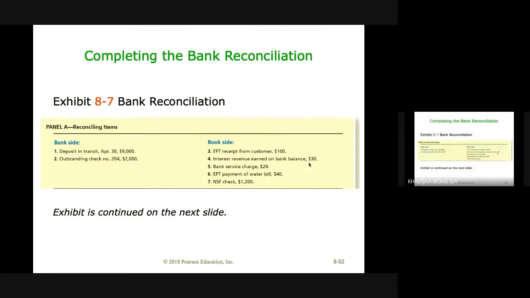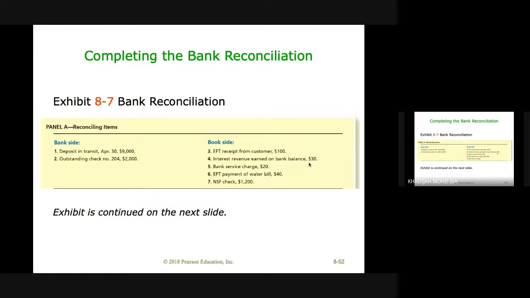Right. So for the bank reconciliation, the reconciling items on the bank side, you only have the deposit in transit and outstanding check. You can have errors as well. On the book side, you have the EFT receipts from customer. So, okay, this one is only an example.